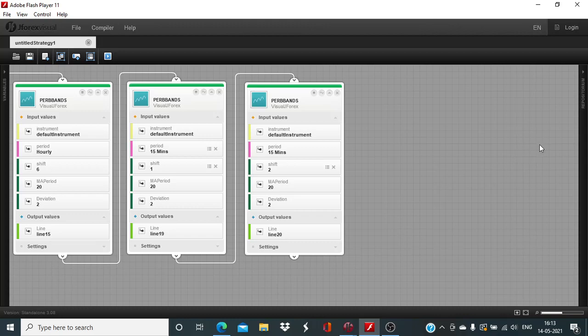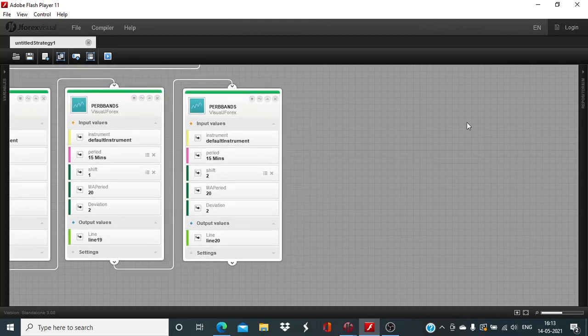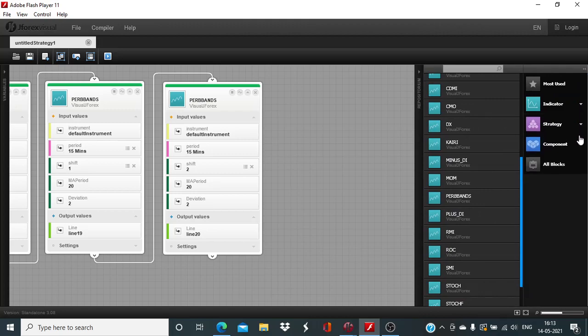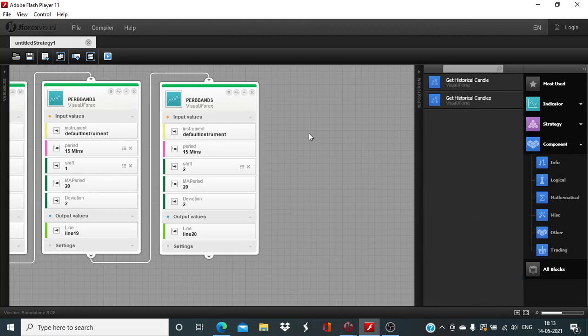be taking the cluster of 4 candles, and for that I will be taking the get historical candles block, info.